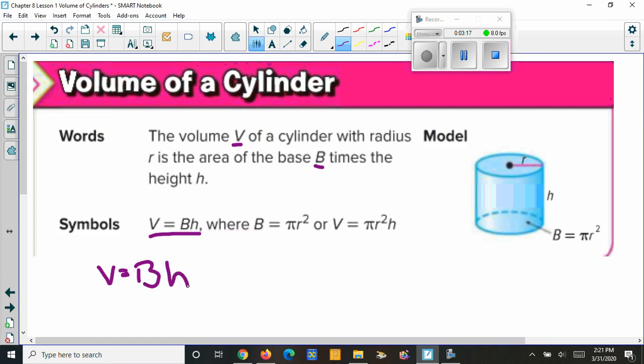The part you have to know is what is the area of that base.